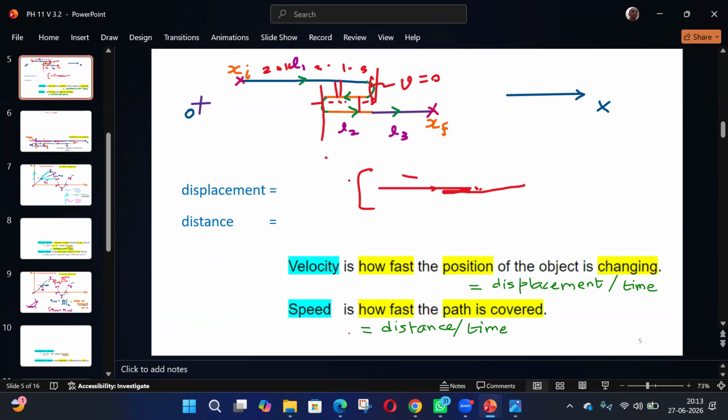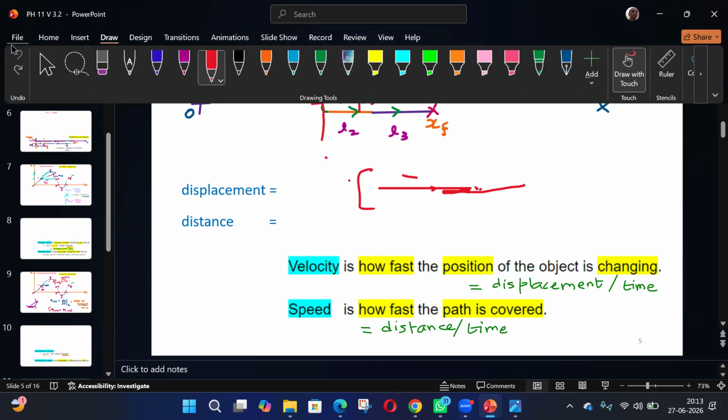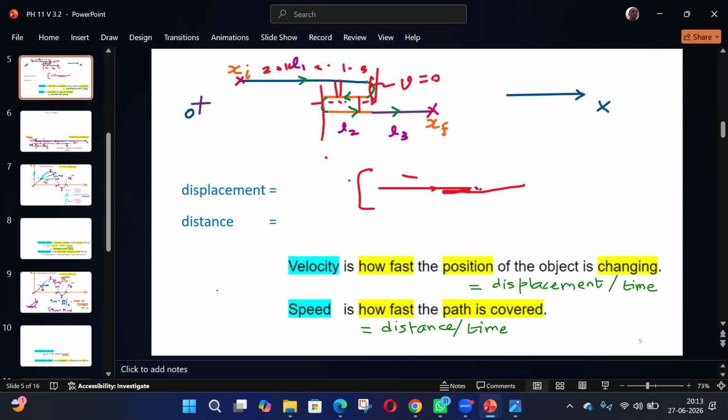I think the formula was h is equal to... I think u is equal to root over 2gh. Initial velocity is equal to root over 2gh.